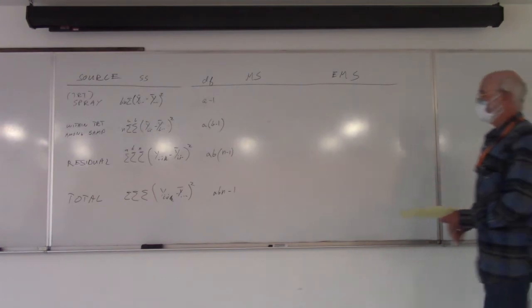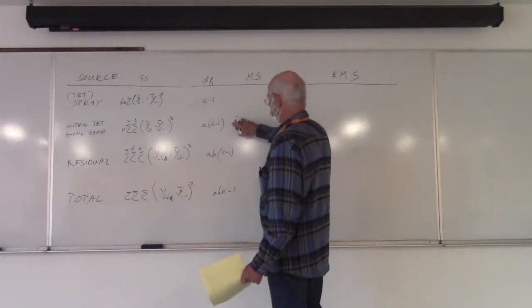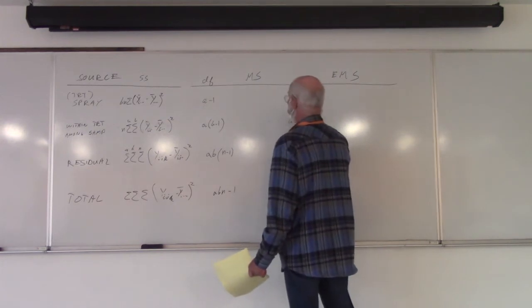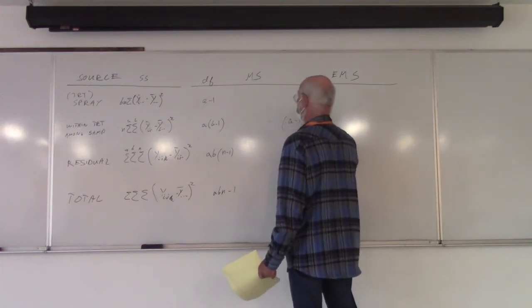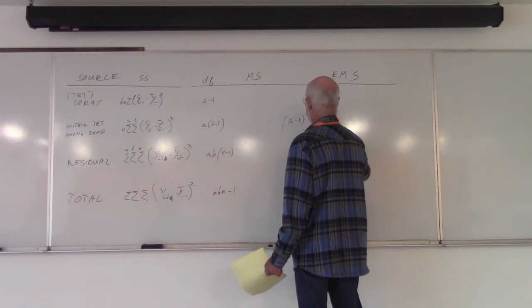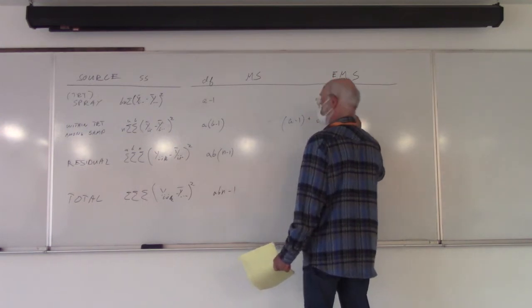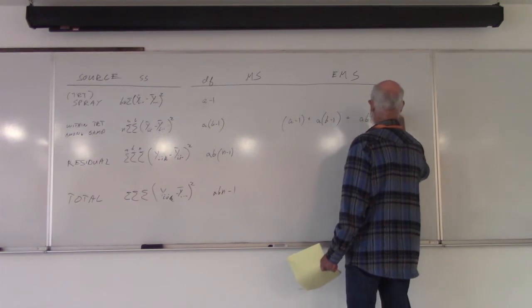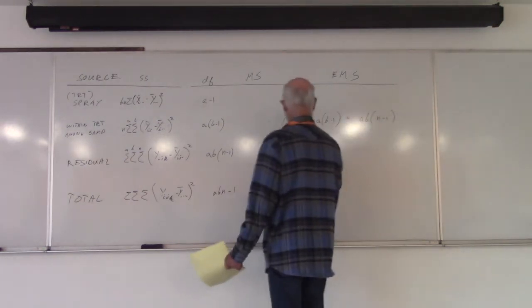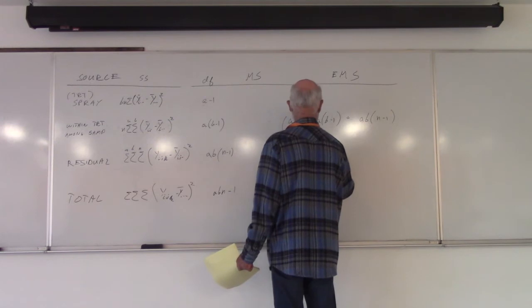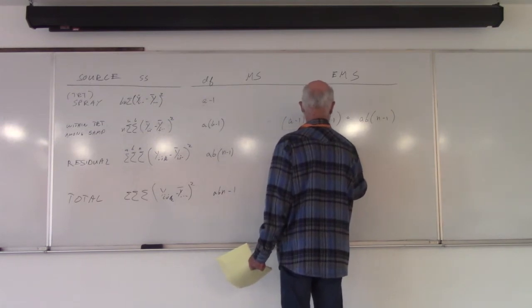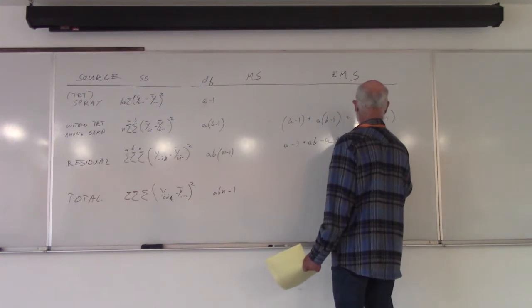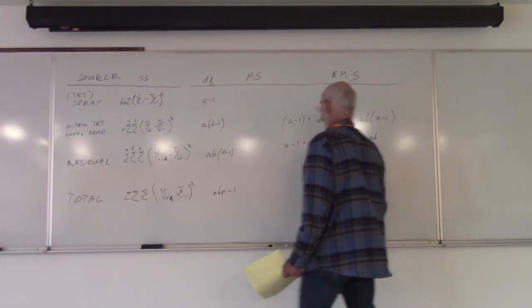Let's see if that works. Does this plus this equal this? Let's see. I've got a minus 1 plus a times b minus 1 plus ab times n minus 1. That gives me a minus 1 plus ab minus a plus abn minus ab.